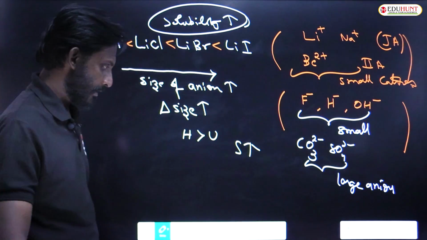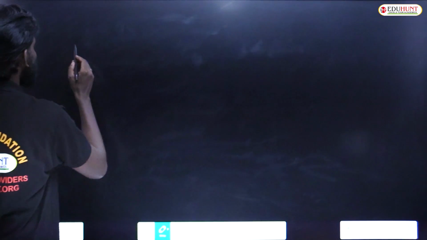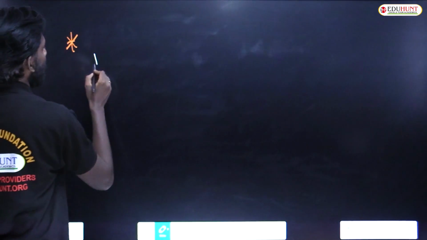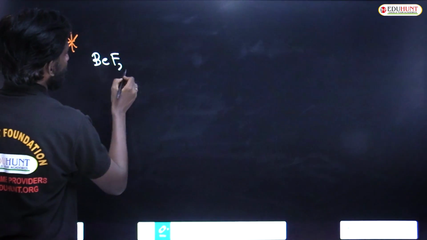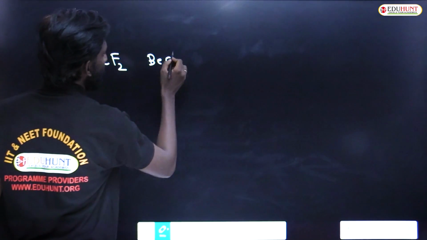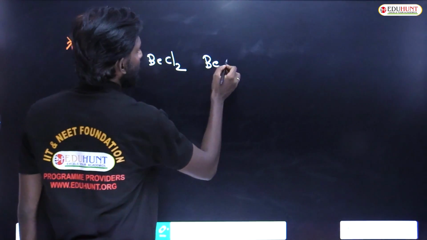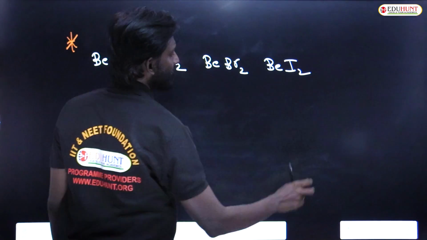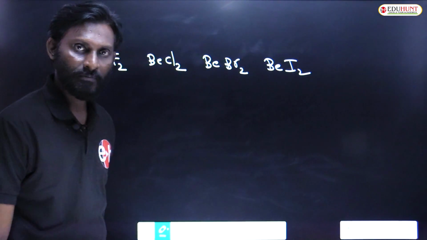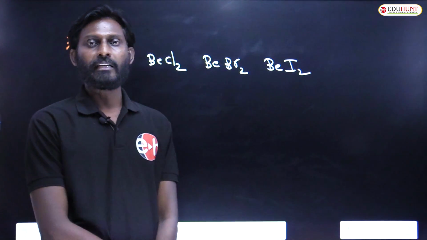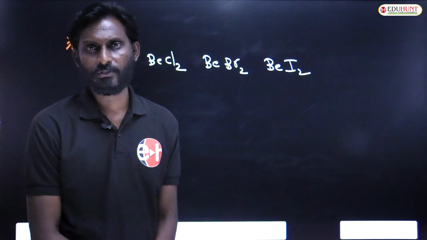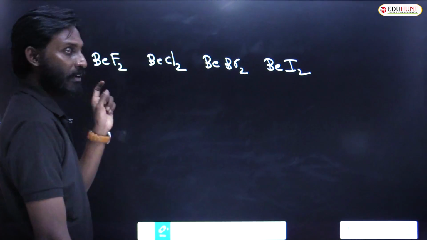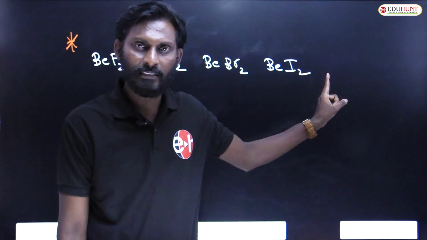For better understanding, try to explain this also. BeF2, BeCl2, BeBr2, BeI2. Now here also, what is the increasing order or decreasing order of solubility? Now the point is, you have to identify the cation. The common thing here is the cation.